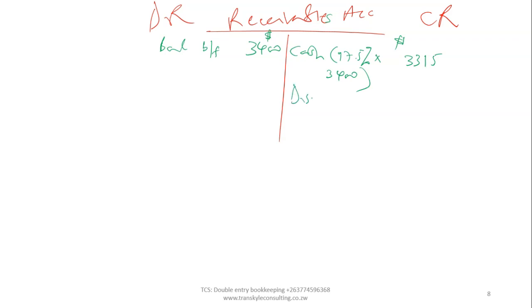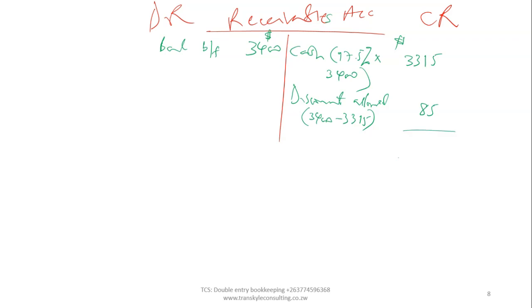So discount allowed, which is the balance here, or the difference, because we said 97.5 was the actual amount paid. So we just say 3,400 minus 3,315, and we get the difference of 85 bucks.